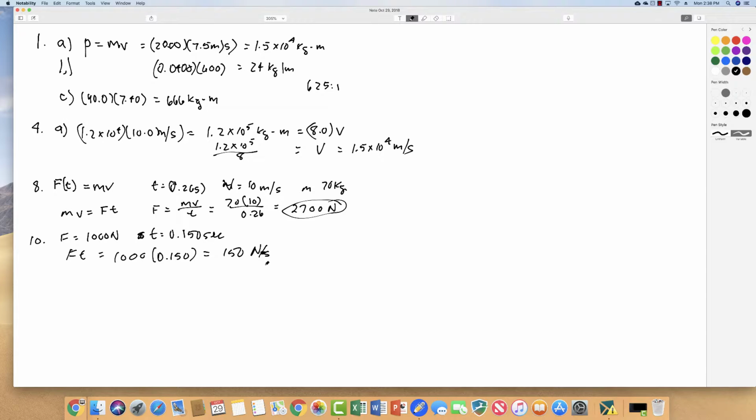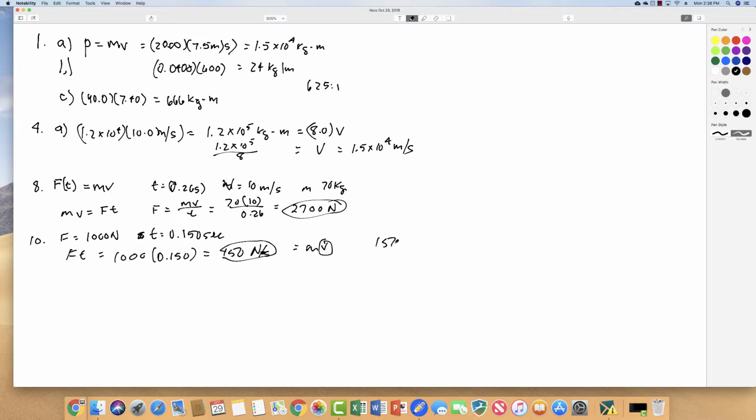What is the opponent's final velocity if his mass is 105 kilograms and he is motionless in midair when he's struck near his center of mass? So if we put this impulse equal to his momentum, it's asking what v is.